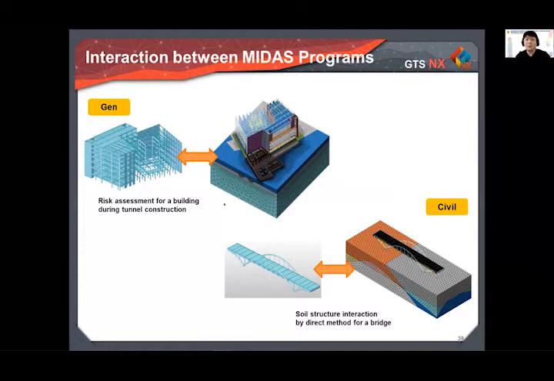This is a very typical and important case to check the risk assessment of the superstructure building during tunnel excavation. You can expect that during the tunnel excavation some settlement can occur above the superstructure buildings.